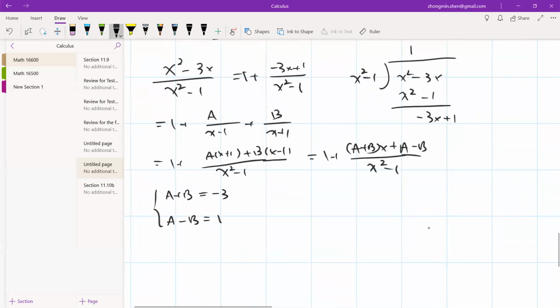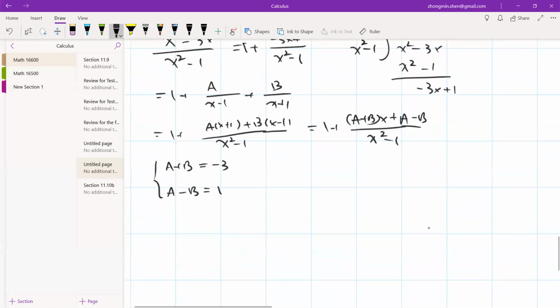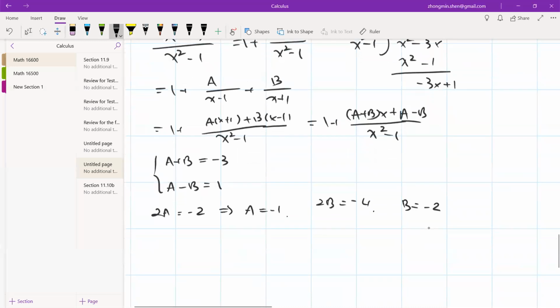Then from this linear system, 2A is going to be -2, so A is -1. Then do the subtraction, 2B equals -4, so B is going to be -2. Great, so you determine the coefficients, then you evaluate the integral.